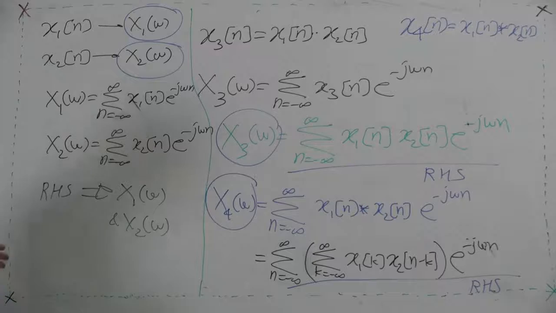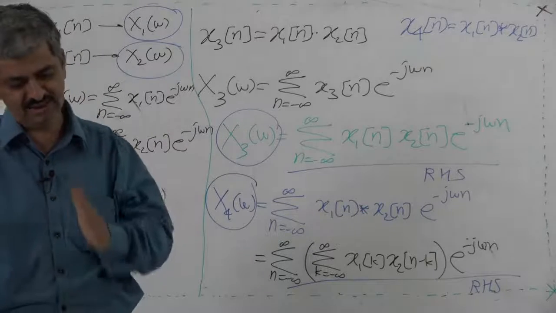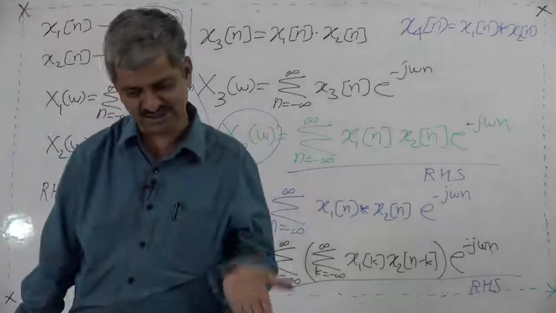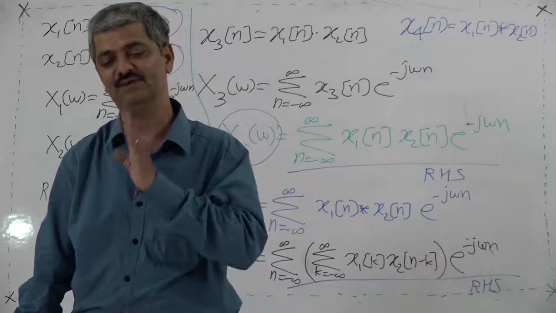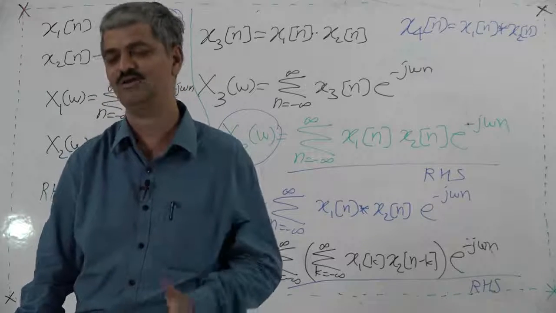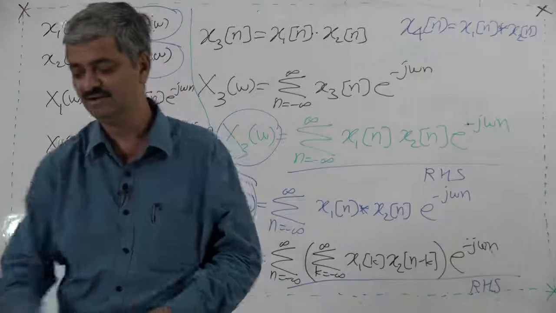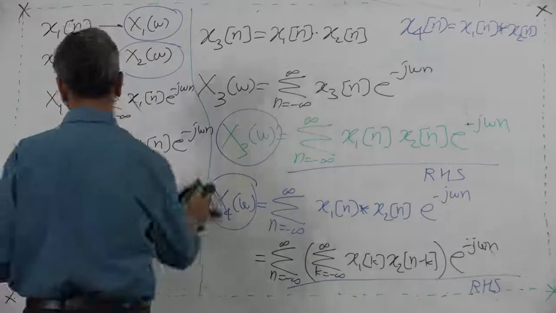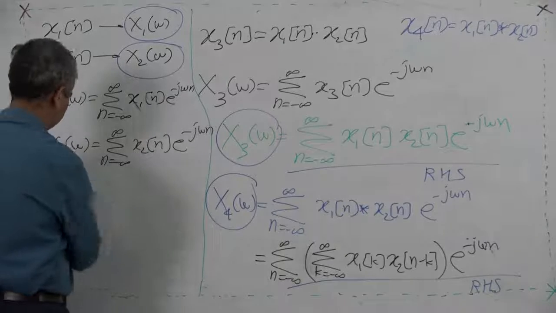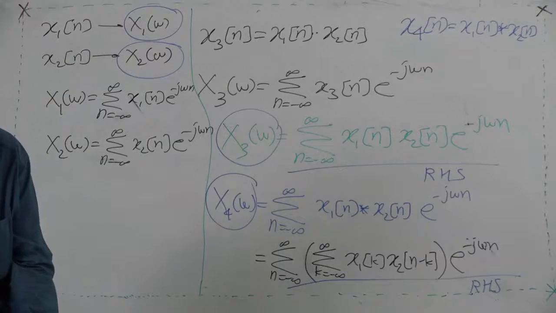So the DTFT of multiplication is something, the DTFT of convolution is something else. I would like to give you a hint, even though I should not have, but since we are coming to the end of the session, actually the answer, so that based on the answer you can think.